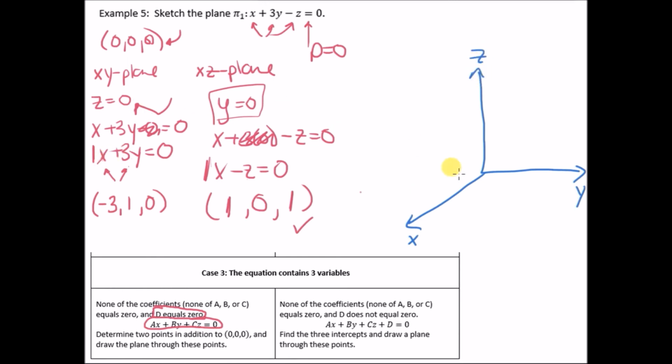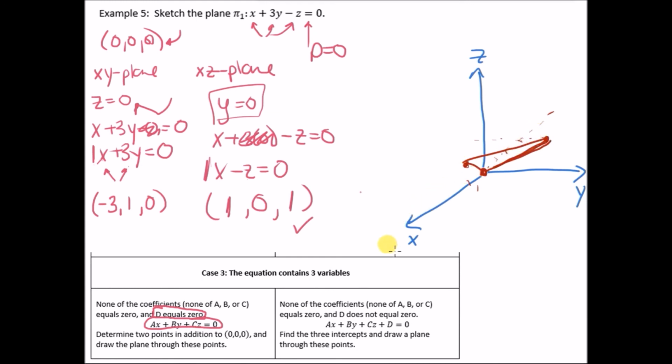Now let's plot these points: 0, 0, 0, and then we have -3, 1, 0, and then 1, 0, 1. So 1, 0, and then 1 up. We can draw this plane represented by this triangle, and this triangle is just a cutout of the plane.